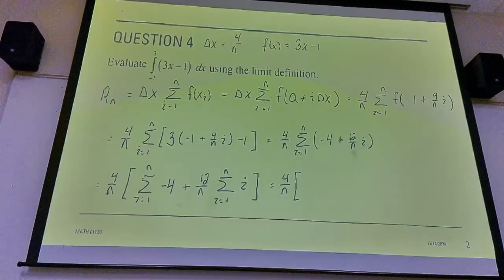That was one of the properties. Summation i equals 1 to n of i. It's one of those special sums. n times n plus 1 all over 2.